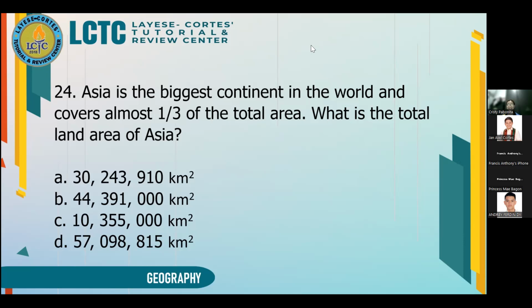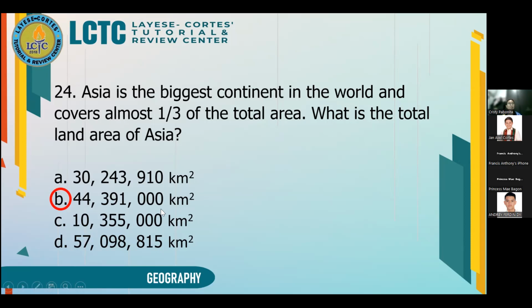A or B? Wild guess, B, 44. Okay. Let's check. Letter B. Very good. 44,391,000 square kilometers. Okay, so that is letter B.